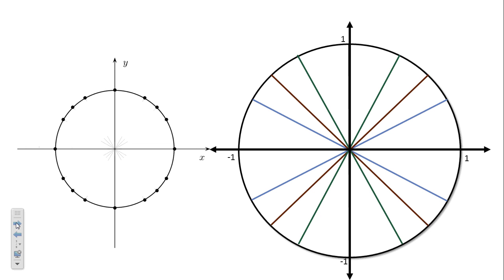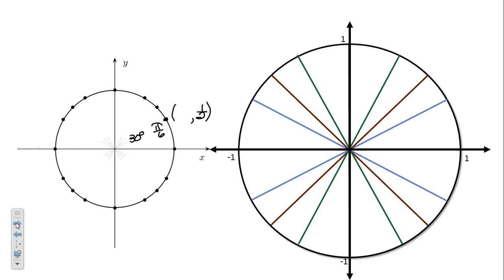So remember, we had 30 degrees here, and this was pi over 6. What's the sine of 30? 1/2. We just said that the sine is the y value, right? So this is the point with y equal to 1/2.